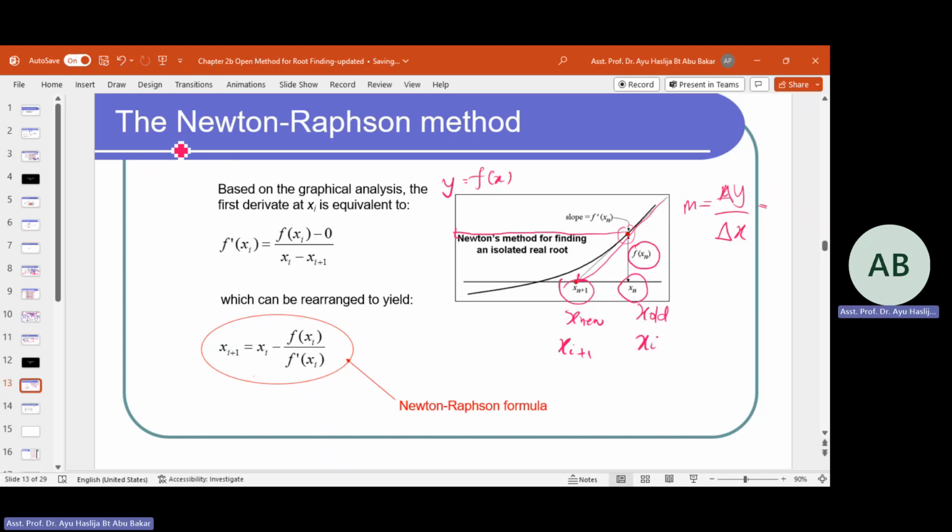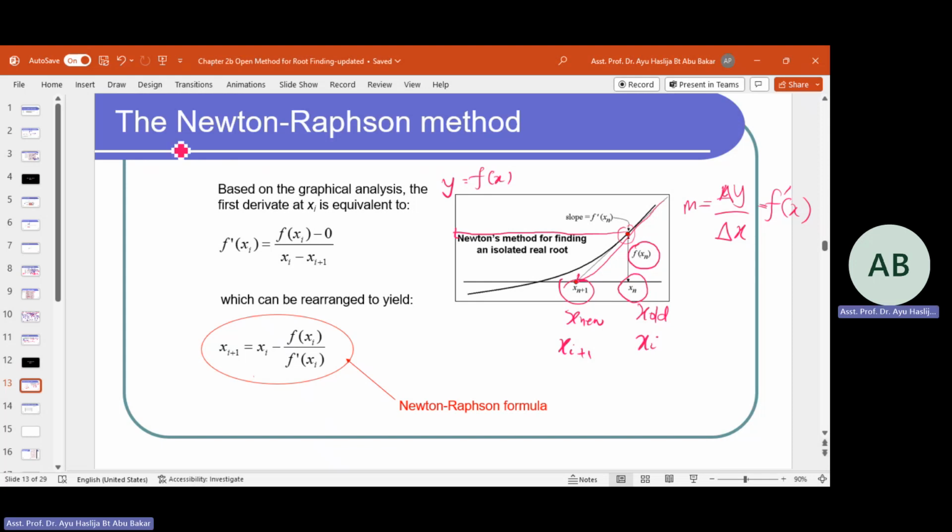Now, the slope here, delta y over delta x, is equivalent to differentiation of the f(x). Delta y over delta x, that one is from the graph. But for differentiation analytically, you need to do the differentiation.